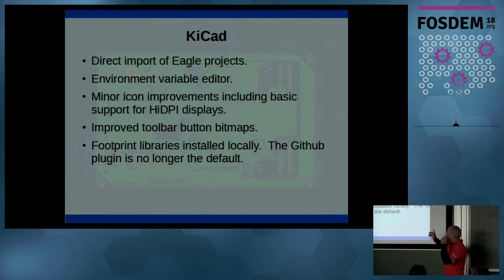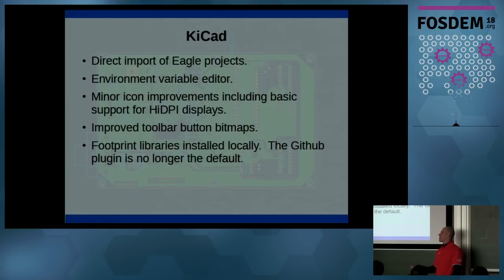One other change that's going to happen with V5 is that the GitHub plugin, which we currently use, will no longer be the default. The footprint libraries will be installed on your hard drive locally. You can still use the GitHub plugin, but if you're interested in the newer footprints, you probably want to change your global footprint library table to point to the new footprints on your machine, because the GitHub libraries that we're currently using are basically deprecated.